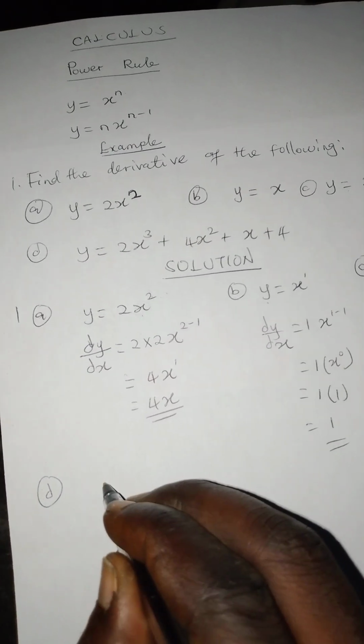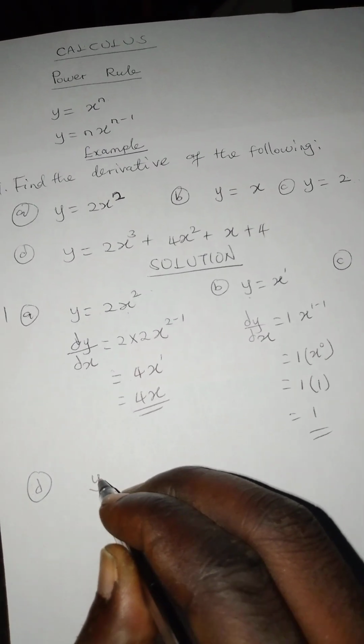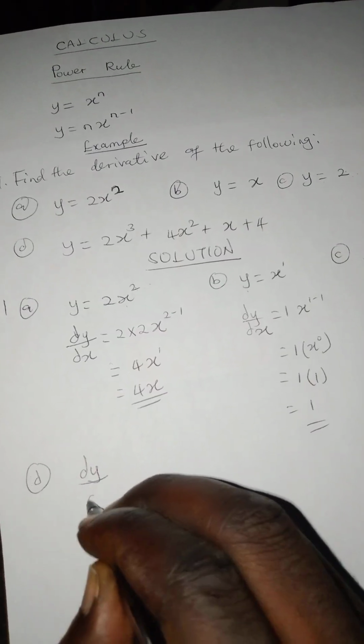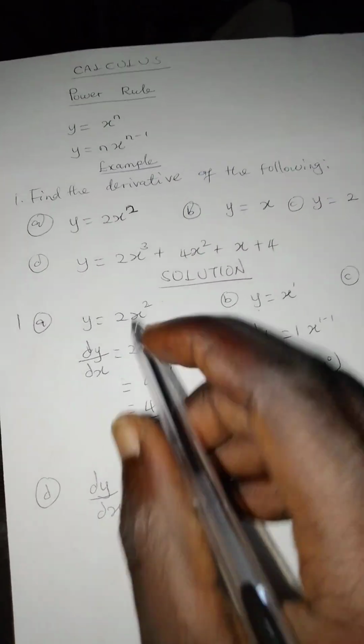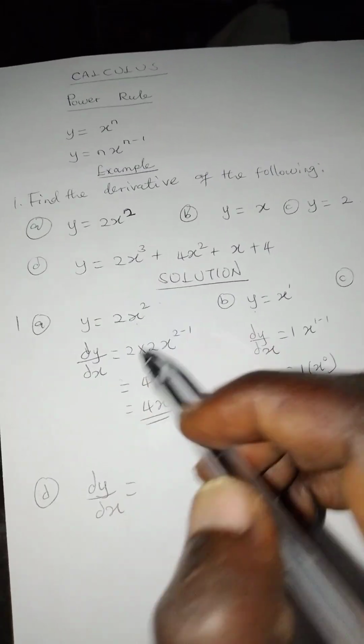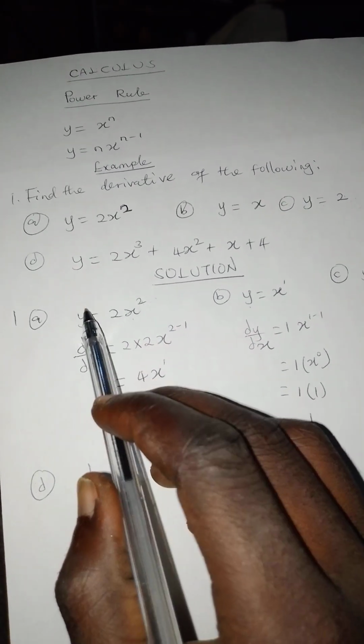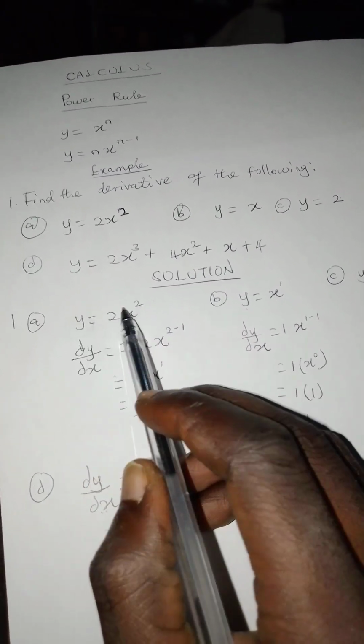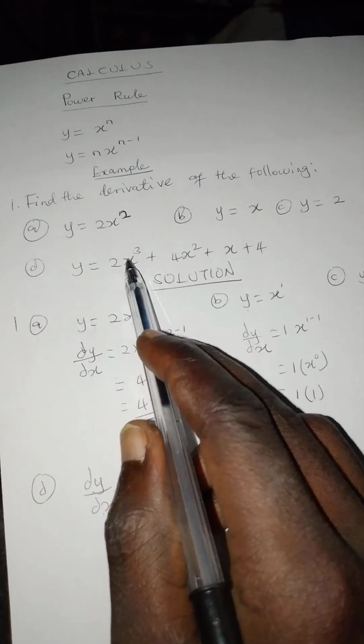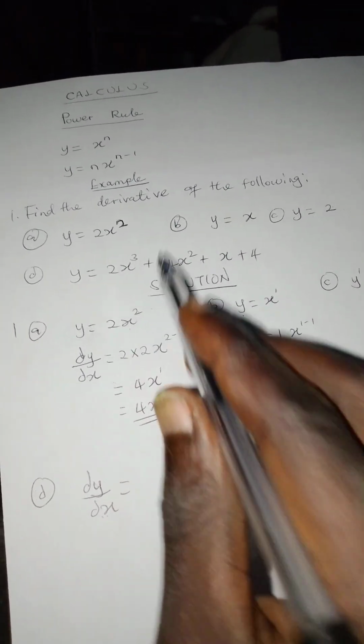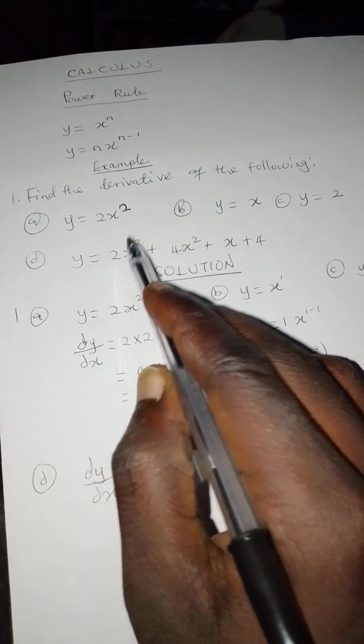With d, we are saying dy/dx. Why am I writing dy/dx? Just like you can see here, there is y, and here there is x. All the variables are x. So let me differentiate this one.